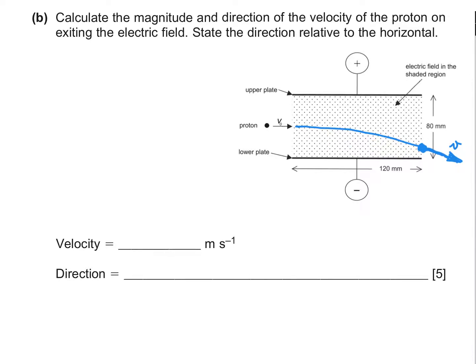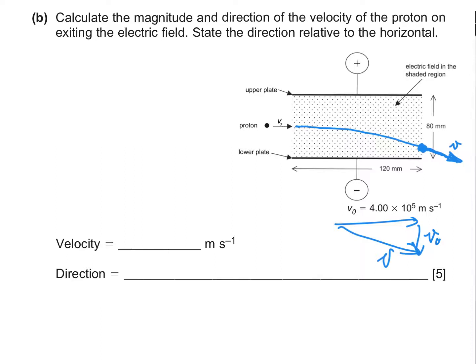The final velocity will be a combination of the original horizontal velocity and the final vertical velocity. Annoyingly they called this horizontal u V0, but we'll put that in there. It keeps that during its flight, and gains a vertical velocity because of its time in the electric field. So we need to figure out how long it was in the electric field.